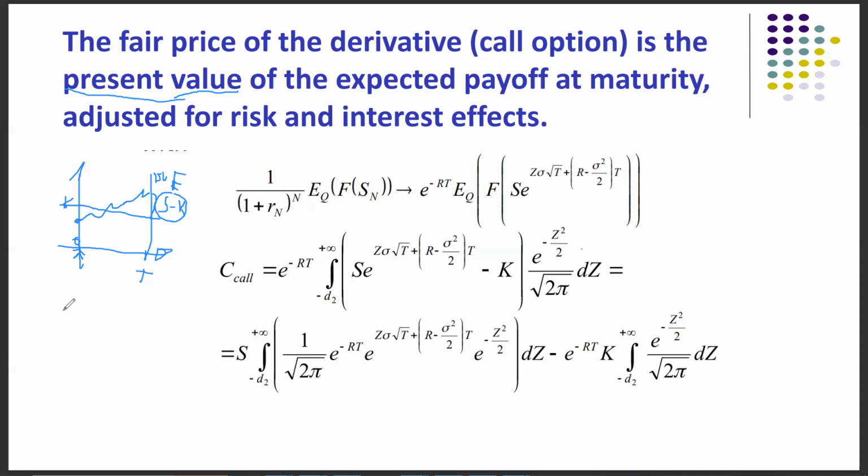Okay, what is the logic? If, for example, it is 40 euros, S minus K, yes, 40 euros. But if now we put 40 euros in a bank account and the rate is R, then for this time T, it will be how much? Maybe you forget present values, but remember future values.